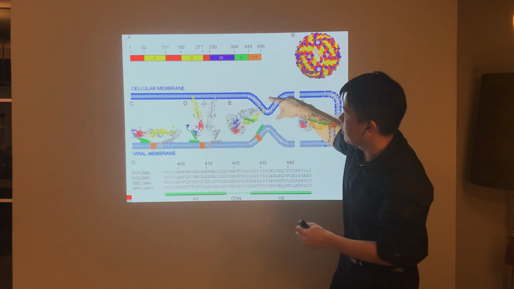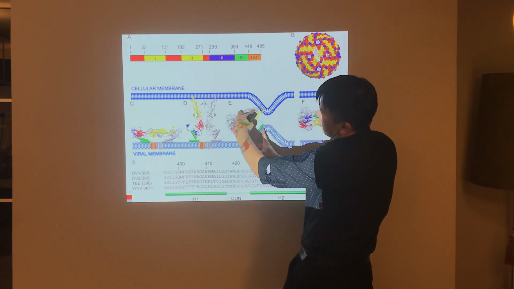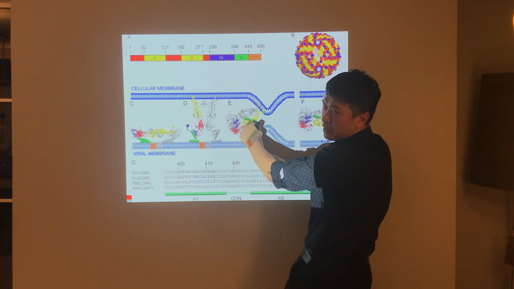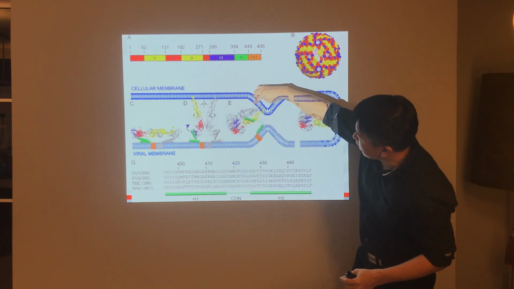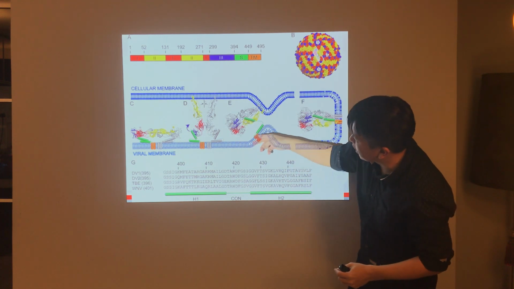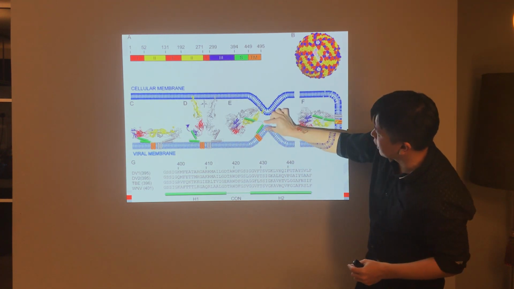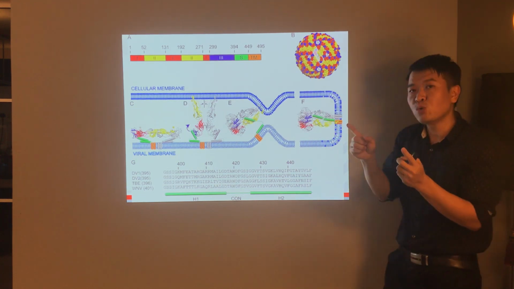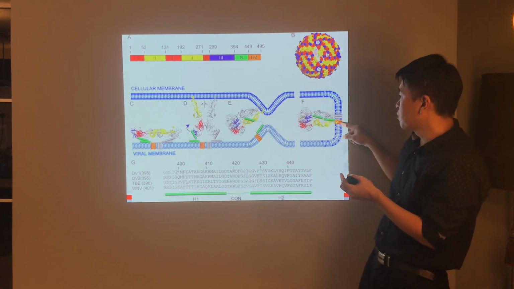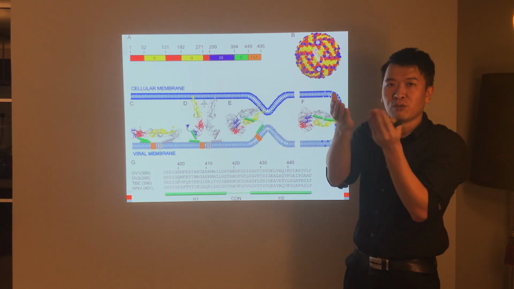So these proteins now tend to come back. The spring comes back together, and what happens? The membrane of the cell and the membrane of the virus get closer and closer, and when two lipids come too close together, they will start to fuse.